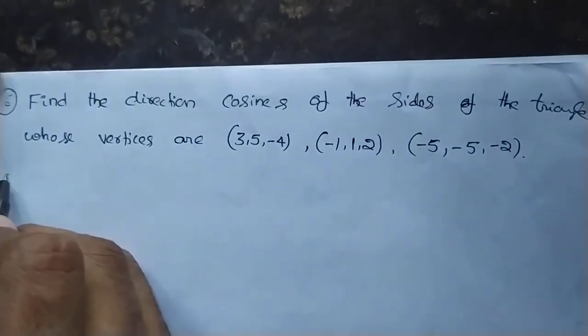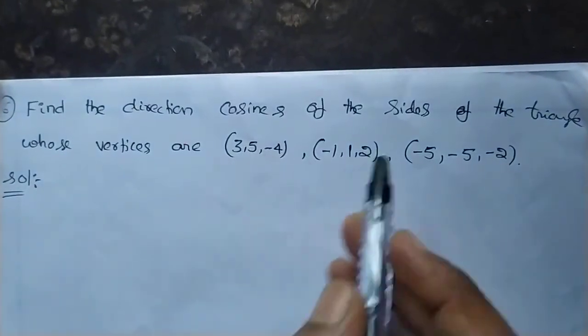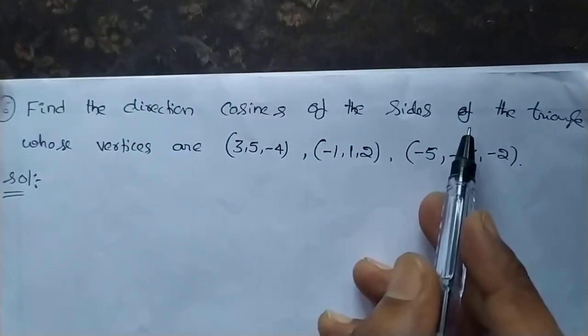Okay, here we have to find the direction cosines of the sides of the triangle.